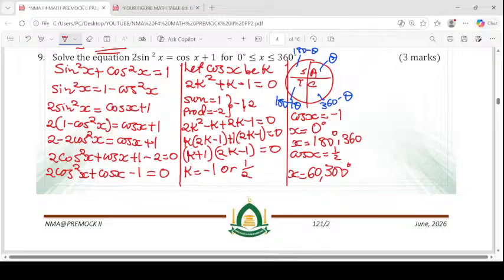Then after that, now we can combine all these into one and state our values of X. I can comfortably, ladies and gentlemen, say X is equal to 60 degrees, 180 degrees, 300 degrees, and 360 degrees. Those are the values of X.